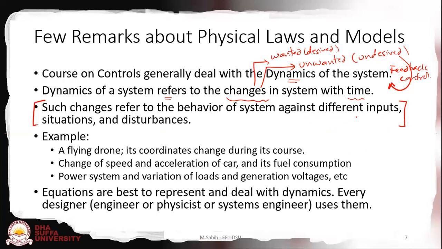and system will change maybe because of your desired inputs. आपने खुद step input दिया है कोई, ठीक है, आपका production, maybe the generator you are running maybe at different speed, different situation हो सकती है load की, और disturbances भी हो सकती हैं जो कि undesired हैं. तो inputs जो हैं आपकी desired भी हो सकती हैं, desired set points, and they may be undesired inputs, जिनको हम disturbances कहते हैं, okay.